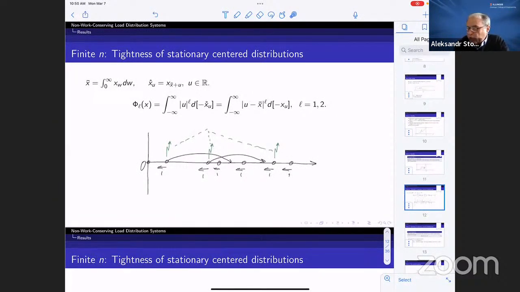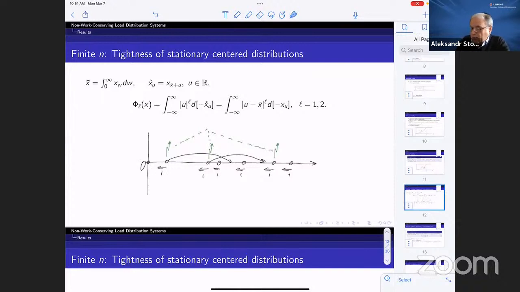We will use the notation f_l(x). This is the lth absolute moment of the distribution with respect to the mean of the centered distribution. So you have a bunch of particles, there's a mean somewhere, and you take the lth moment of particle locations with respect to the average.